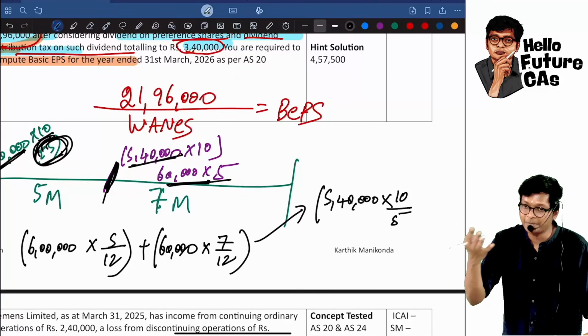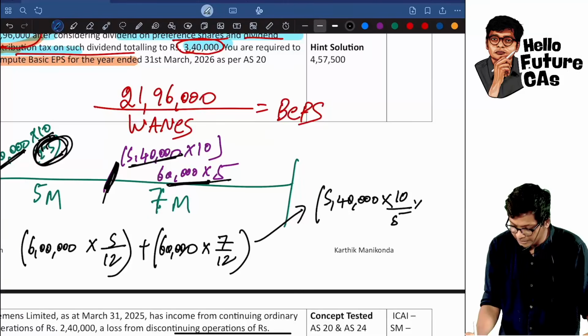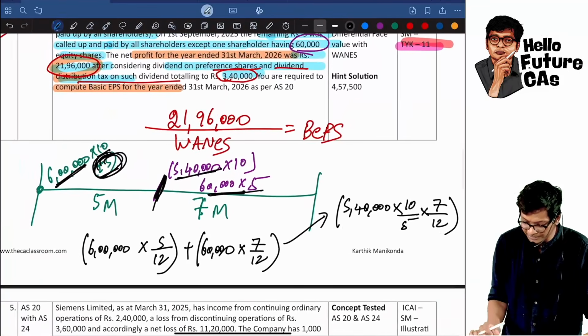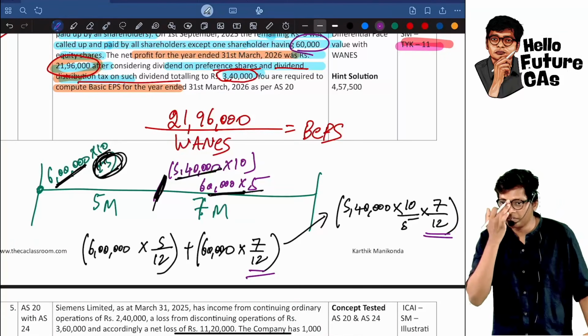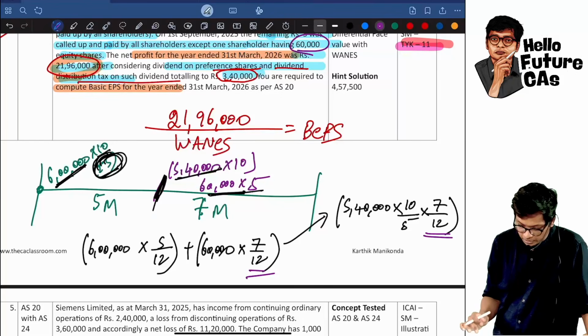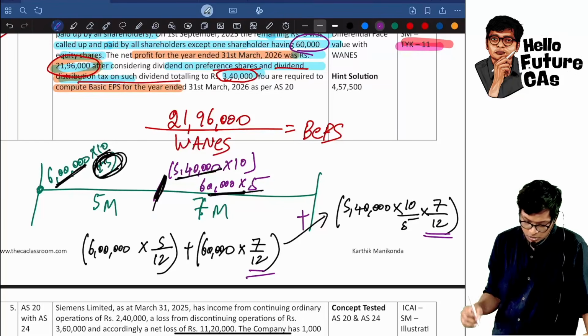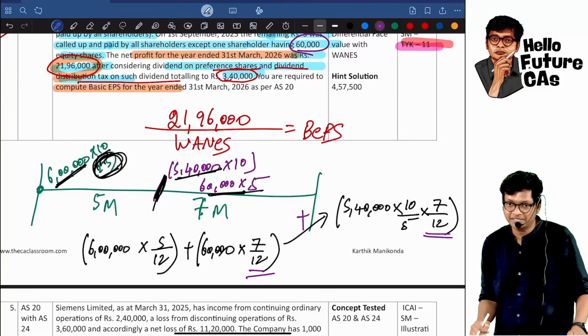That means I'm doubling it, converting to 5, into 7 by 12. So it's time basis only, but in the second half of the year we have two different share components over here. I will also show you in share basis, guys.